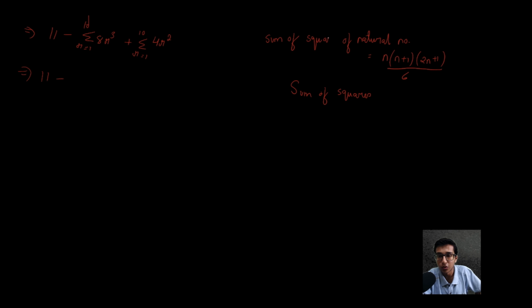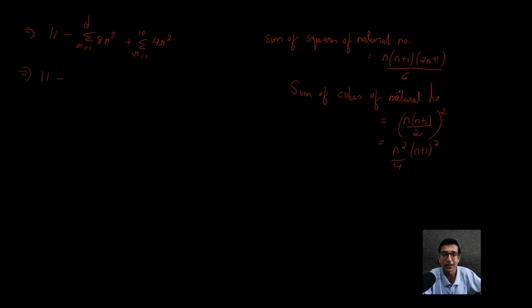This is the sum of squares of natural numbers, and this is the sum of cubes of natural numbers. This is equal to n into n plus 1 by 2 whole square, which can be written as n square by 4 into n plus 1 whole square. I hope you remember these standard results we had studied earlier during the theory lectures. Now let's use it here.